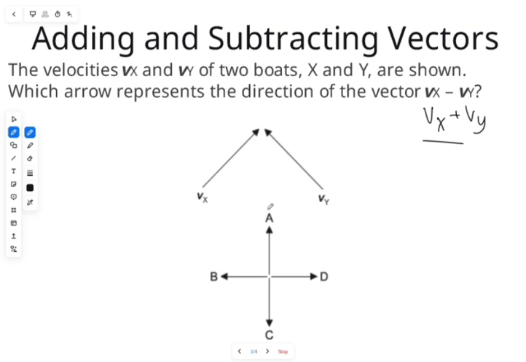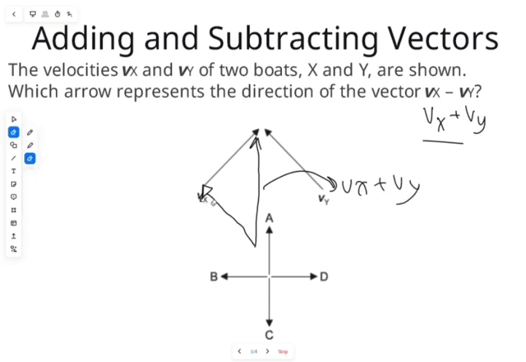If we were to do Vx plus Vy, all we'd have to do is take the head of one arrow and place it at the tail and then draw the rest of the arrow. Now connecting these two arrows, we can take the shortest path, which would be this. So this is our resultant vector of Vx plus Vy.